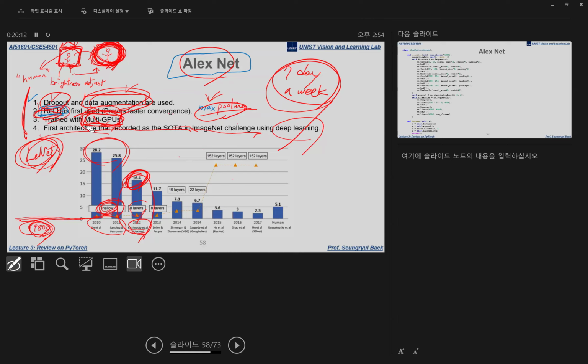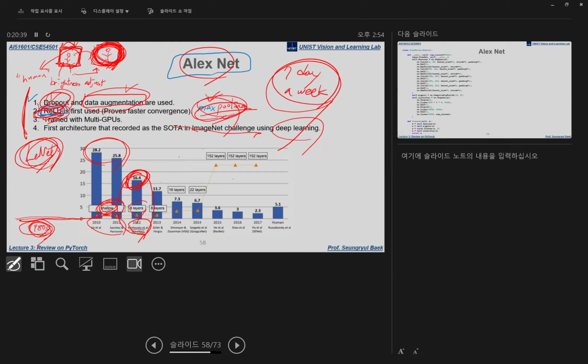And also in this architecture, we involve some layers which are more robust for training. Like the ReLU, it replaces the tanh and the sigmoid functions, and max pooling replaces the average pooling, and dropout is further used.